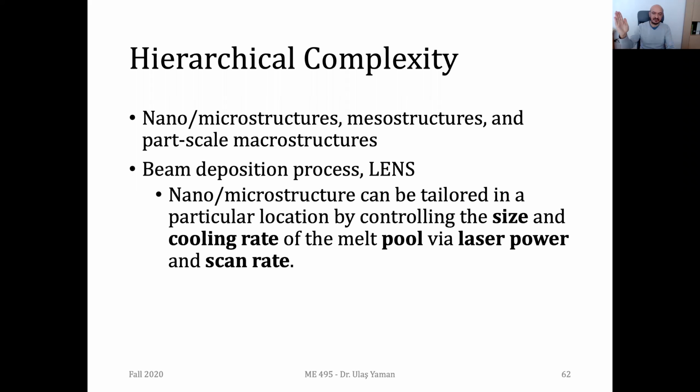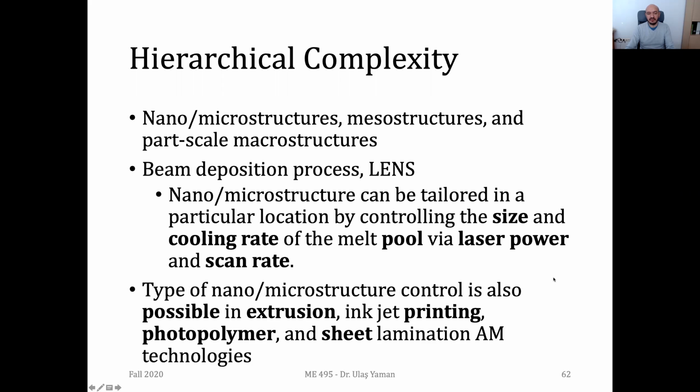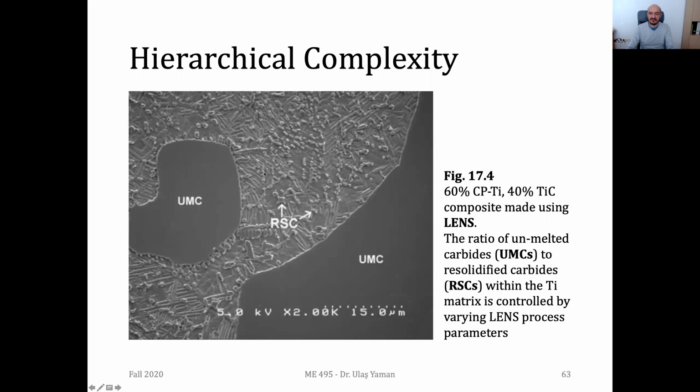But if you increase your speed, then you will be increasing the cooling rate. So with the help of them, you can have different microstructures in specific parts of your product and other microstructures in different regions. So this composition is possible with the laser engineered net shaping process.